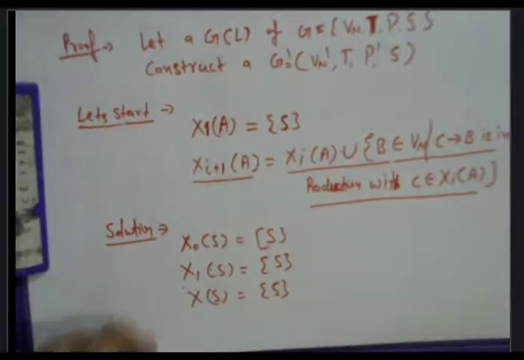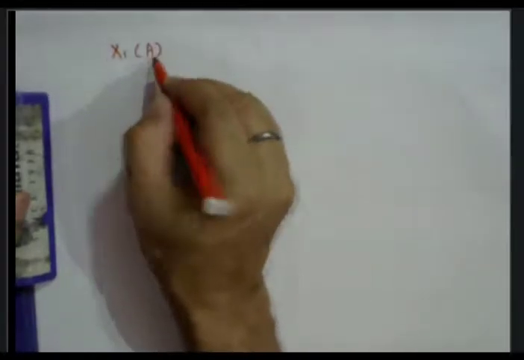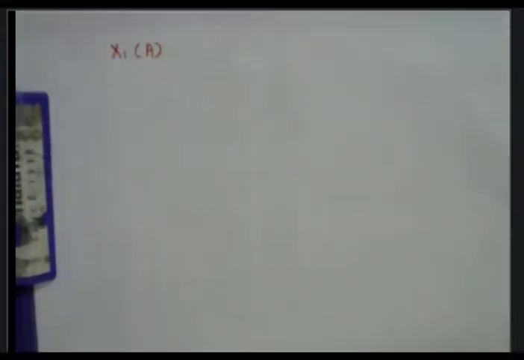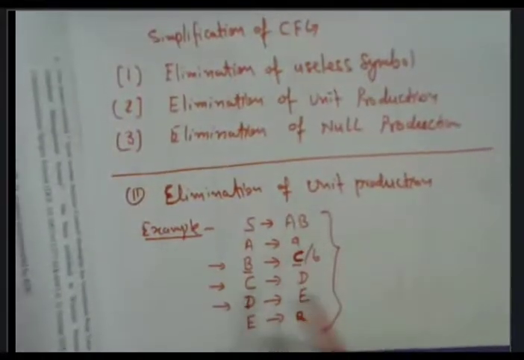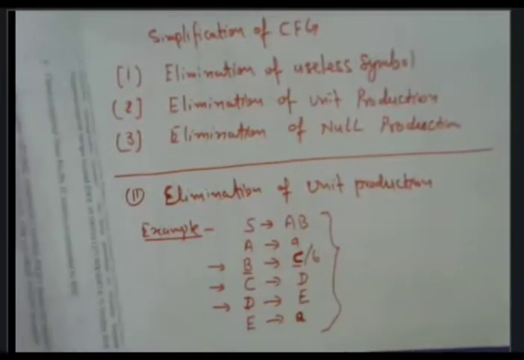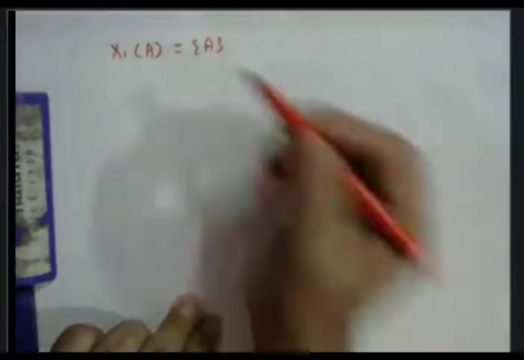But if we go to the next value, x1 of A, then A tends to small a, there is only A, there is no further value of A, so that will equal small a.